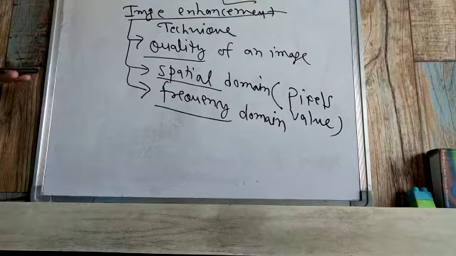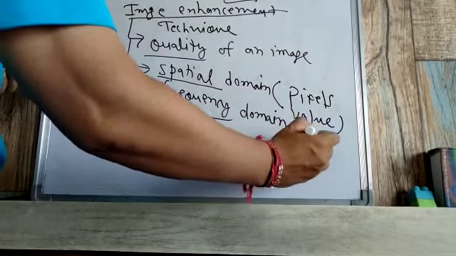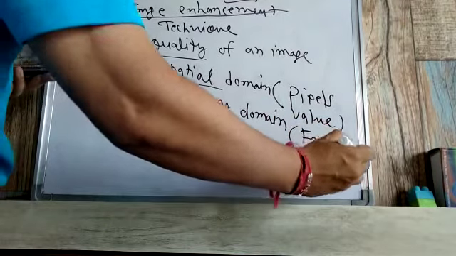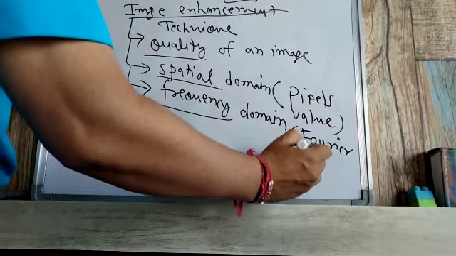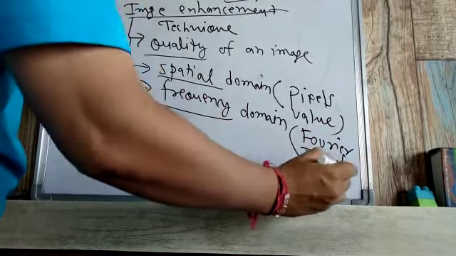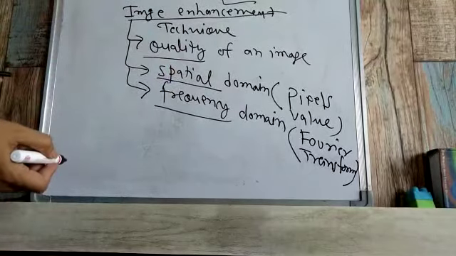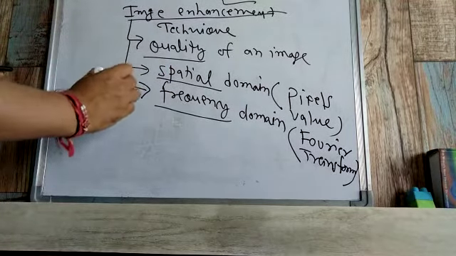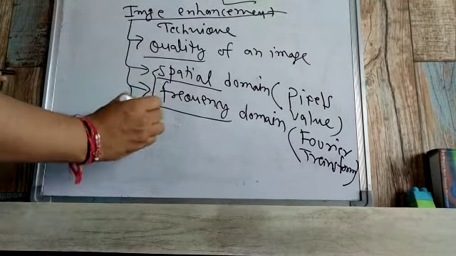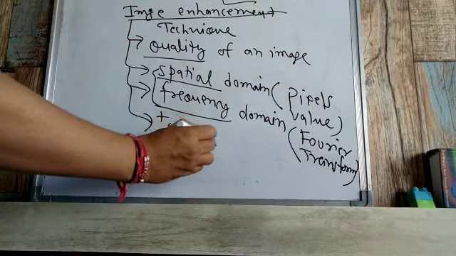If we talk about the frequency domain, basically we are talking about the Fourier transform of an image, where we are performing operations. We are first of all obtaining the Fourier transform of an image, and then we are processing that image. Sometimes we also use a combined method where we apply both techniques.